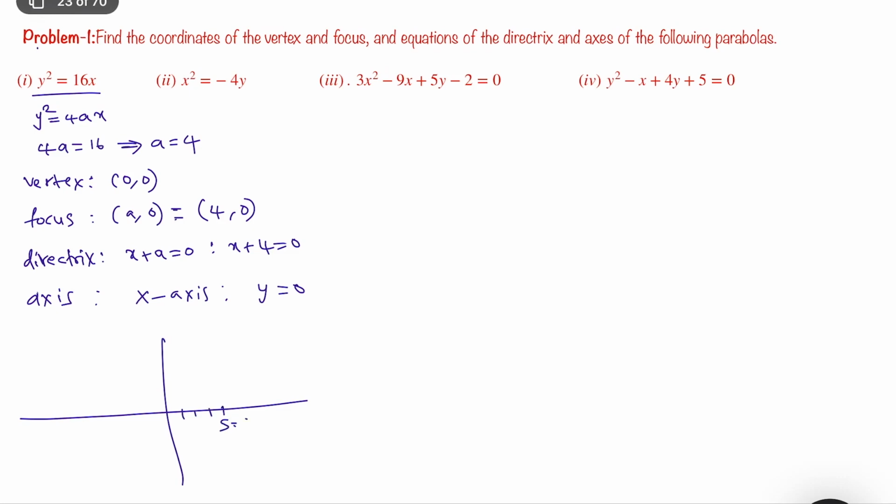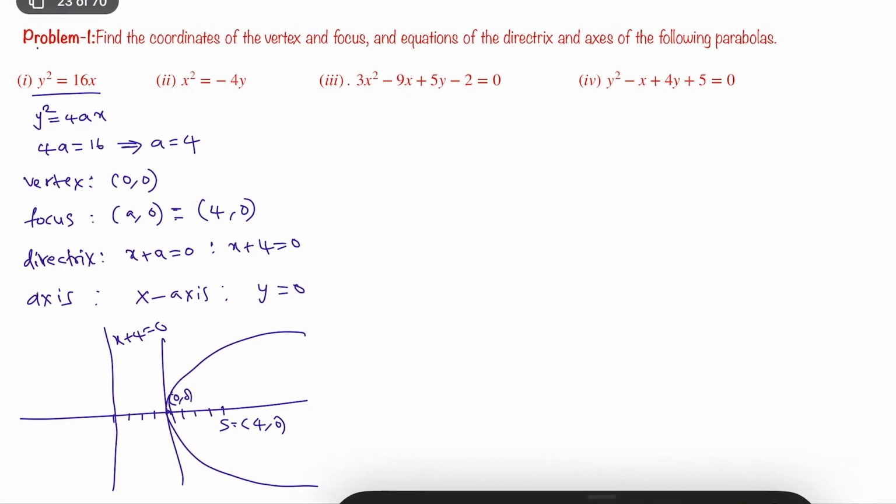Here is the focus 4, 0. This is the directrix x plus 4 equal to 0, and this is the vertex 0, 0, and this parabola opens to the right side like this. Okay, fine.